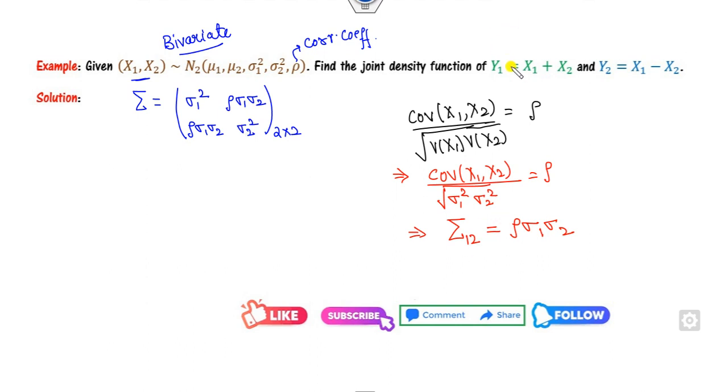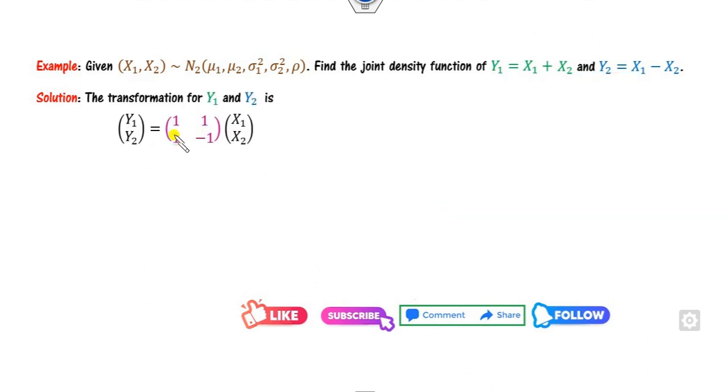Now again your target is to find the transformation. This is my transformation. So you can write the matrix as C, which is 1 1 and 1 minus 1. Now check whether this transformation is singular or non-singular. So the determinant will be minus 1 minus 1, minus 2, which is non-zero. Or you can find the rank of this.